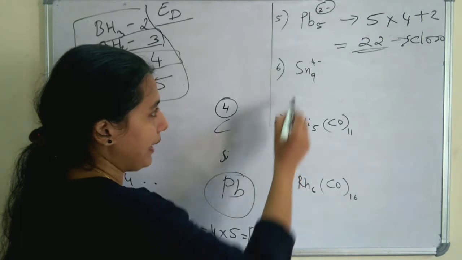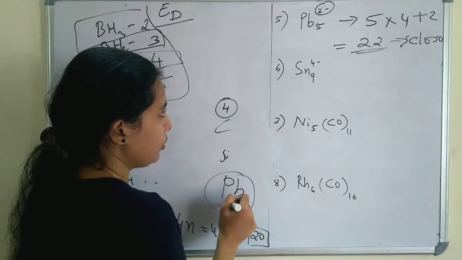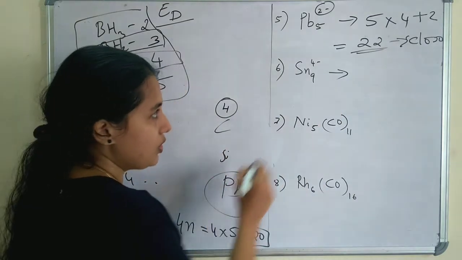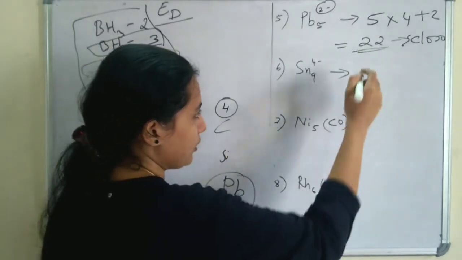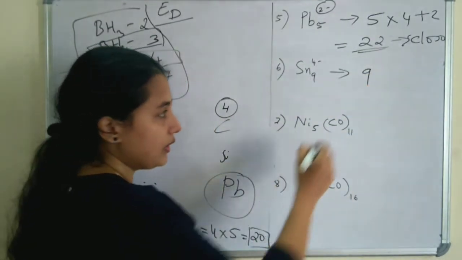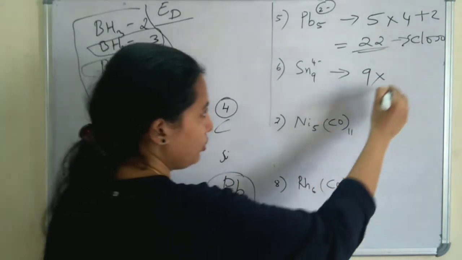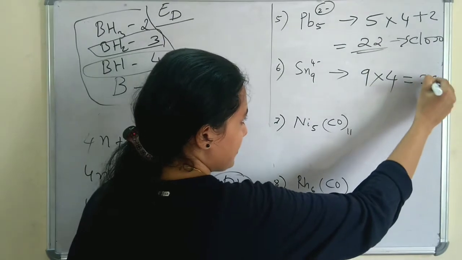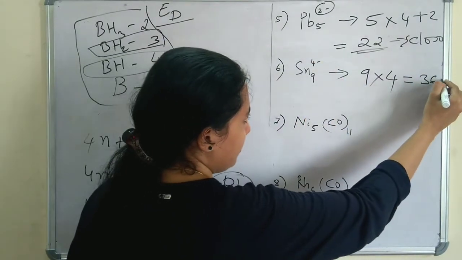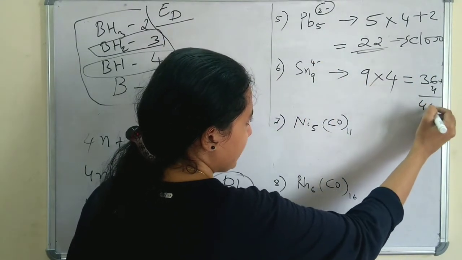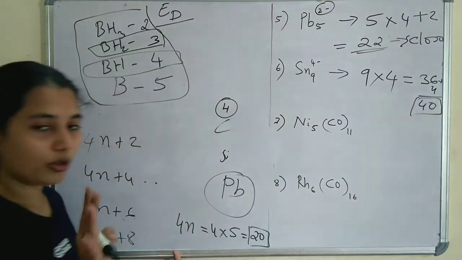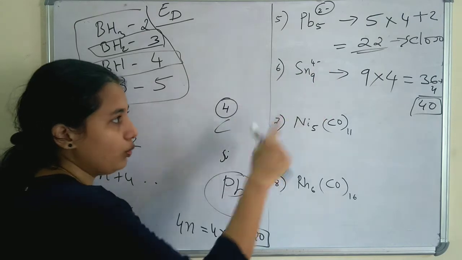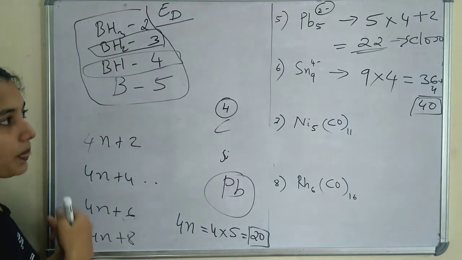Now solving Sn9 4 minus. Tin is also in the carbon family, so 4 valence electrons. 9 tin atoms, 9 into 4 is 36, plus 4 is 40. So the total is 40 electrons. Now we have to find the structure.